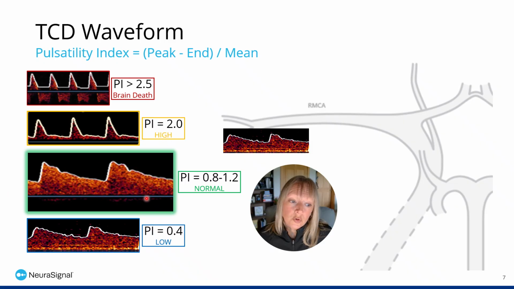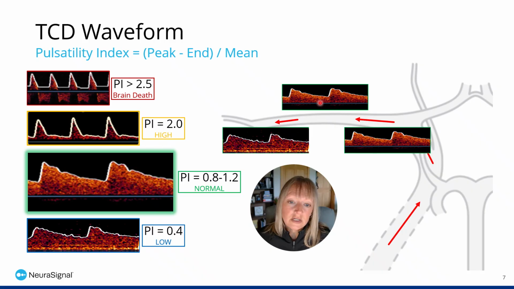This is your normal waveform with your PI range of 0.8 to 1.2. Your low PI is going to have that extra end diastolic flow. So you'll see here with a PI of 0.4, there'll be a higher end diastolic flow within that waveform. As you can see, with flow traveling normally, at a normal state, you'll see this normal waveform morphology.